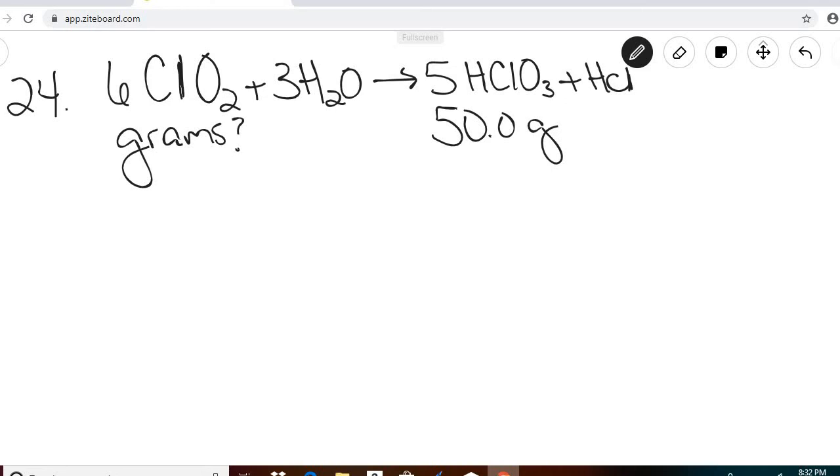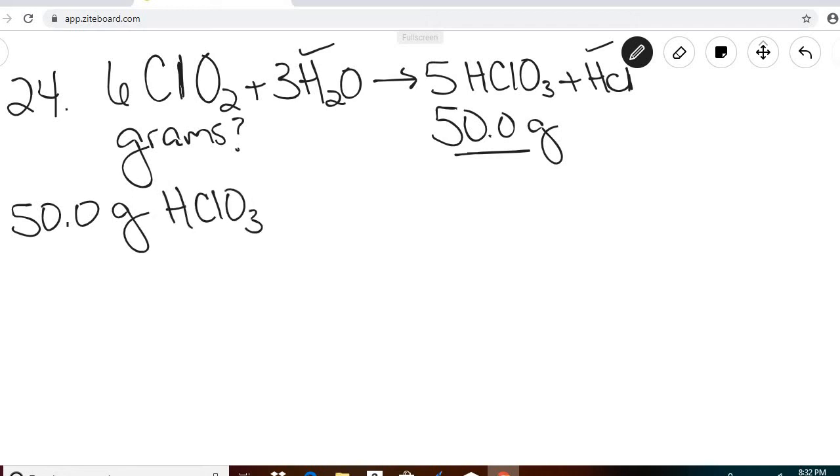Okay, so we don't have to worry about the water and we don't have to worry about the HCl. In order to look at the relationship between different compounds, we have to have moles. So the first thing we're going to do is convert this to moles. So 50.0 grams of HClO3. We're going to moles, so moles will go on top.